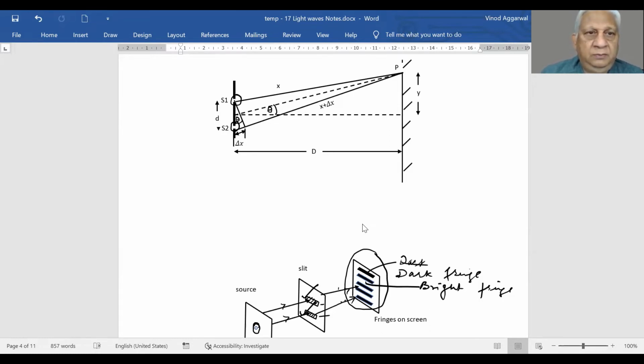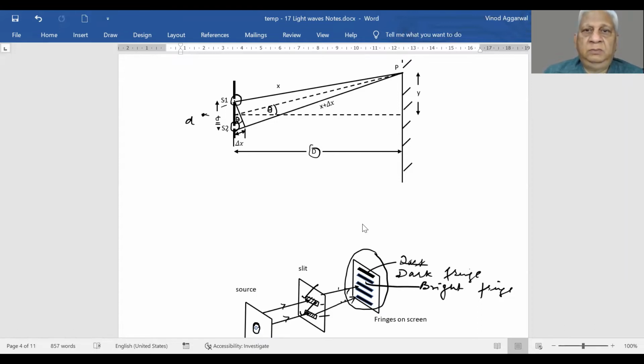And they are obviously illuminated by a coherent source, which goes to both these slits. And a screen is placed at some distance D from the slits. Now, the distance between S1 and S2 is d, small d.